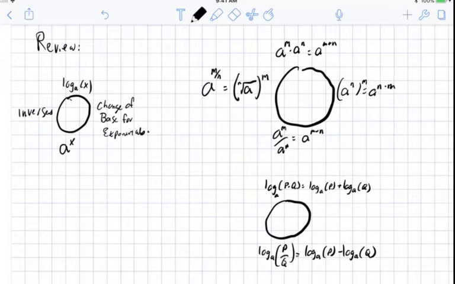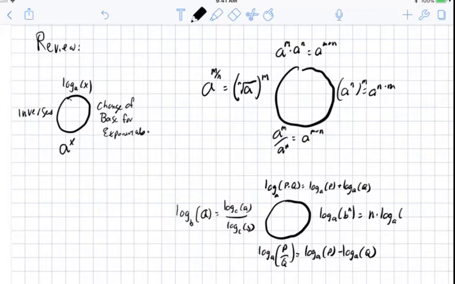Change of base formula: log b of a is equal to log c of a divided by log c of b. And then there was log a of b to the n is equal to n times log a of b. Okay, so here's the idea.